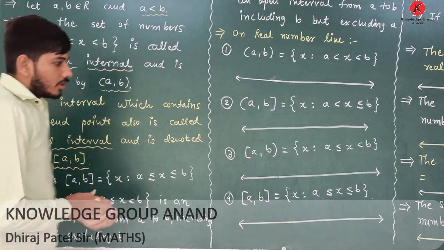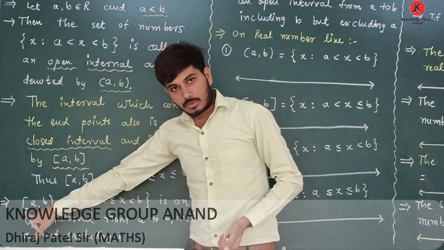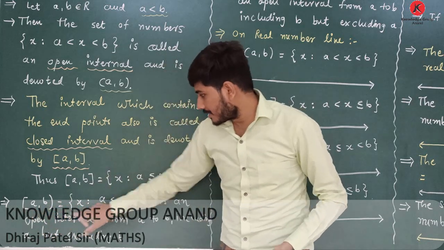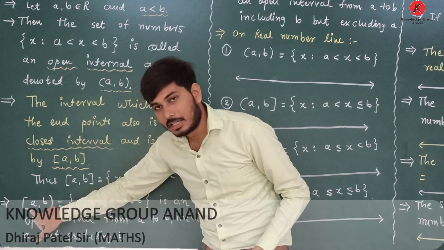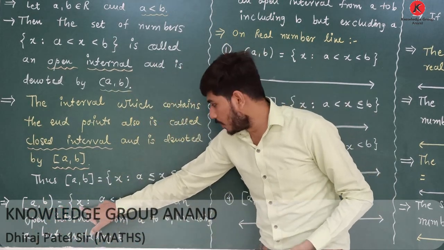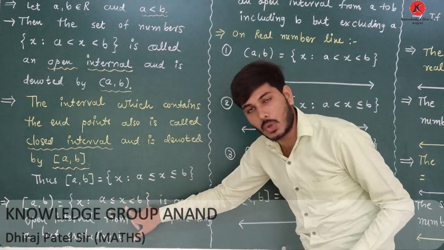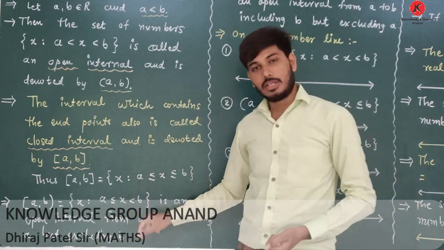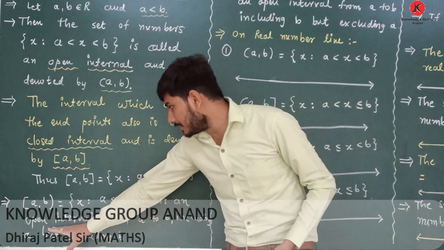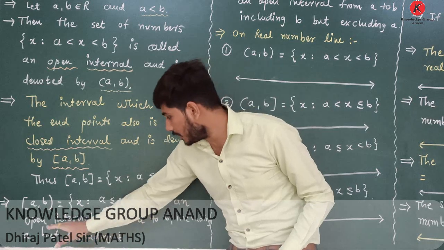Now, there are two different open intervals. A to B equals x such that we have to include A but not include B. Therefore, we can represent it in set builder form as x such that A less than or equal to x less than B. It is known as an open interval because B is not included here.